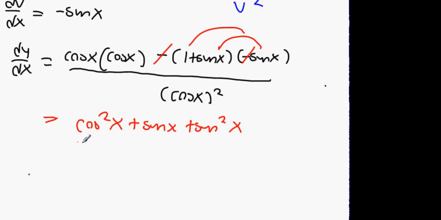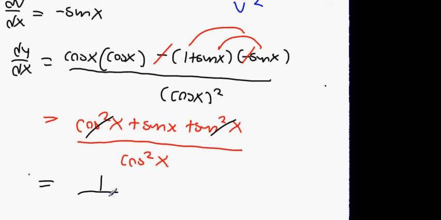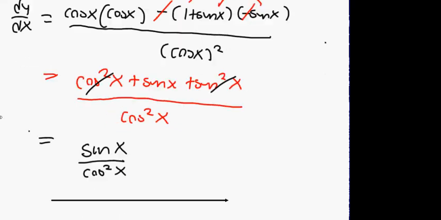Okay? Now, lads, the worst thing about this one is, it's for you guys at home. Here's what you're going to have to do. What's cos squared x plus sin squared x? 1. So it's going to be 1 plus sin x over cos squared x. Now, most of you would stop there, and I understand why you'd stop there. This is how you learn. You look to the back of the book and you'll see 1 over 1 minus sine x is the answer.